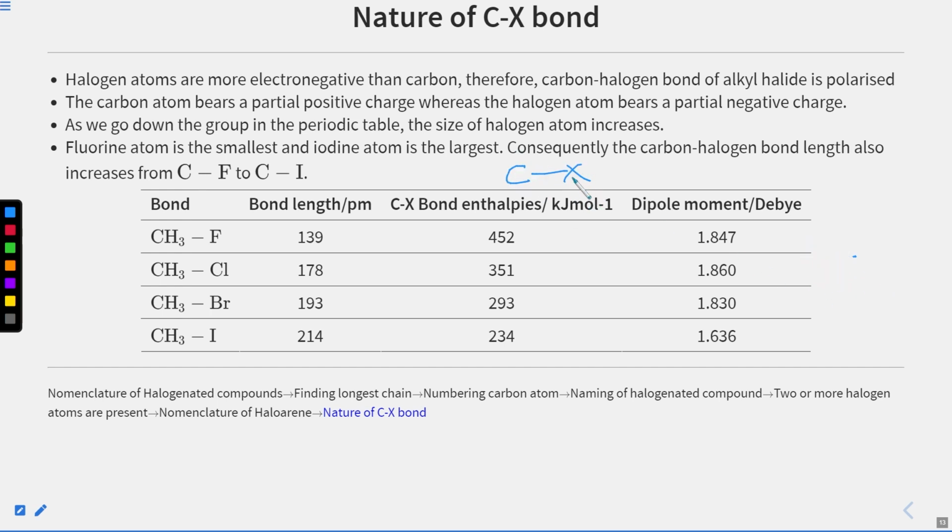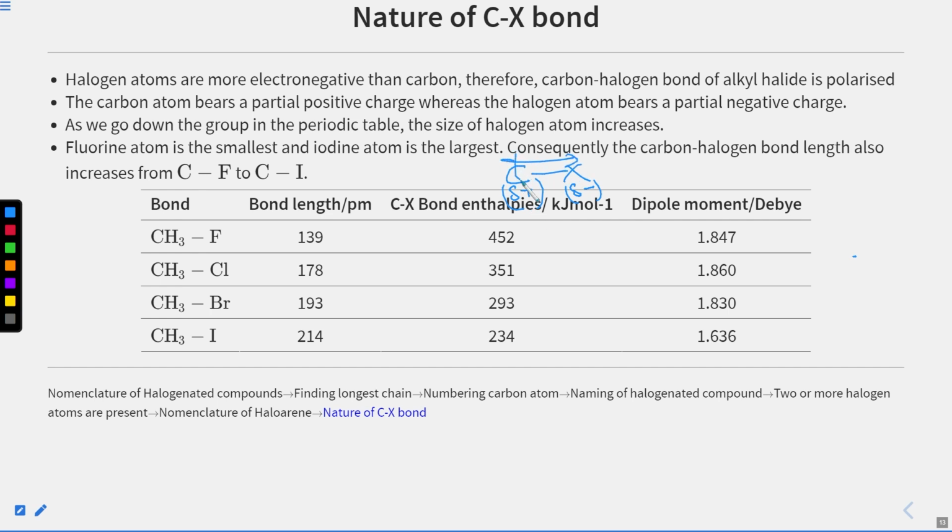Halogens are more electronegative than carbon, so X will develop a partial negative charge. Since carbon is more electropositive than the halogen, it will have a delta positive charge. Since we have a distribution of charge, one with more and one with less, we are creating a dipole.